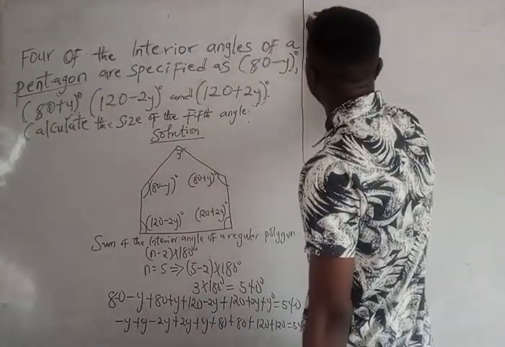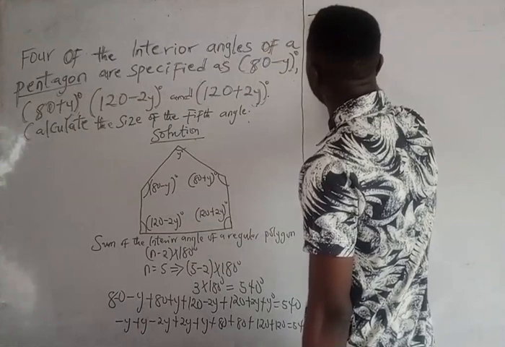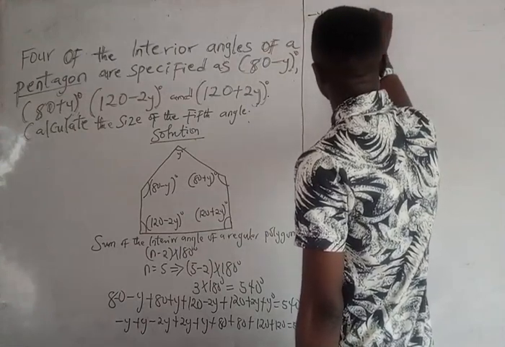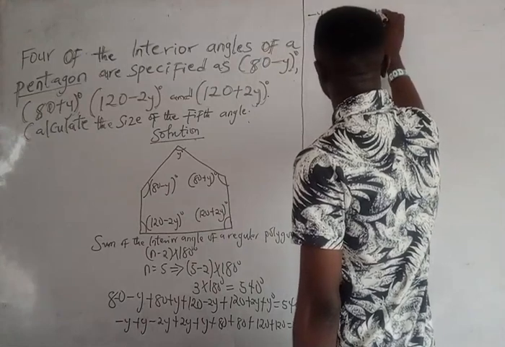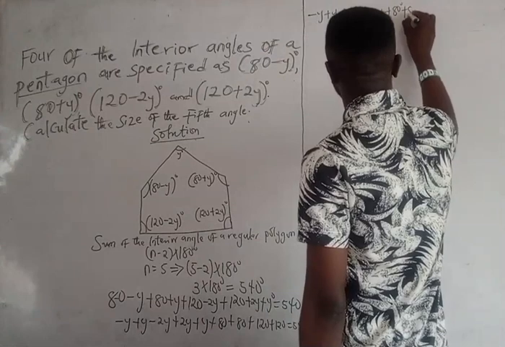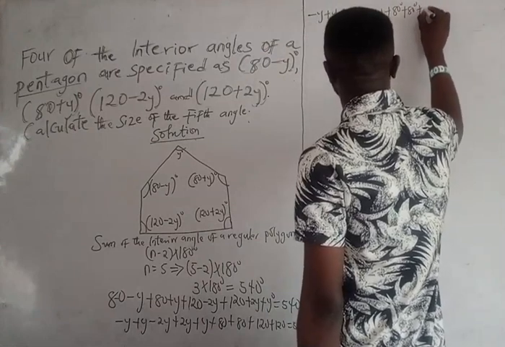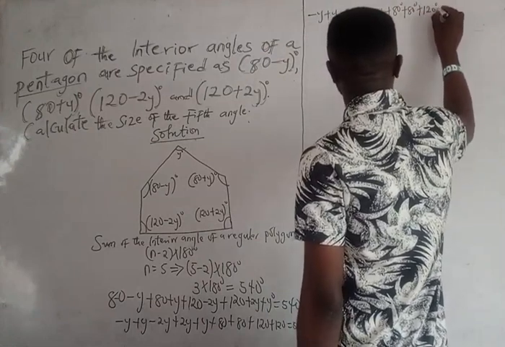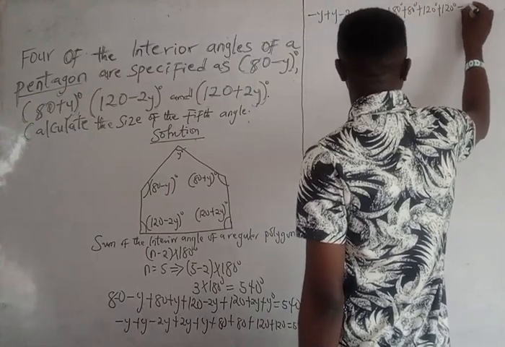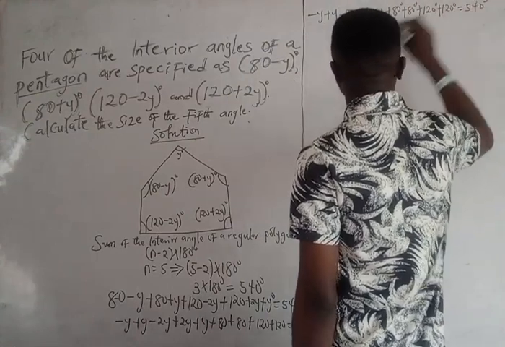Let me rewrite it again: minus y plus y minus 2y plus 2y plus y plus 80 degrees plus 80 degrees plus 120 degrees plus 120 degrees equals 540 degrees.